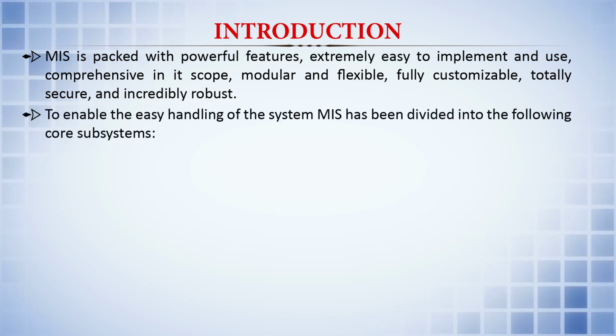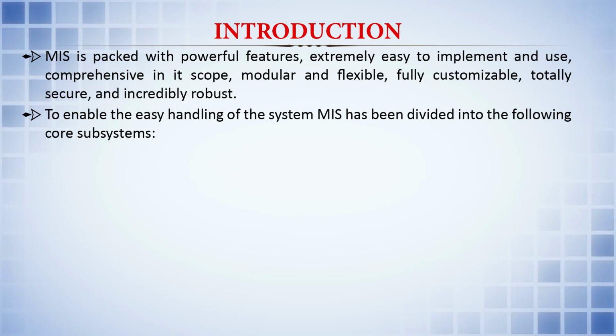To enable the easy handling of the system of MIS, it has been divided into the following core subsystems. So, in order to have a management information system in place, all the subsystems we are going to discuss are very much essential.